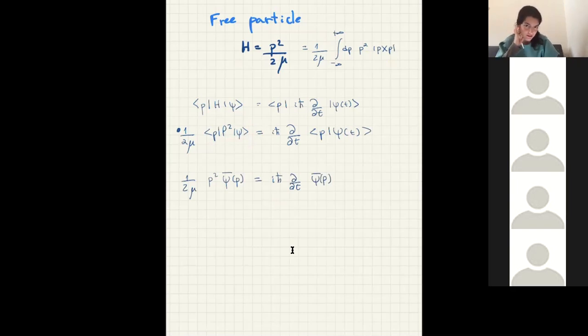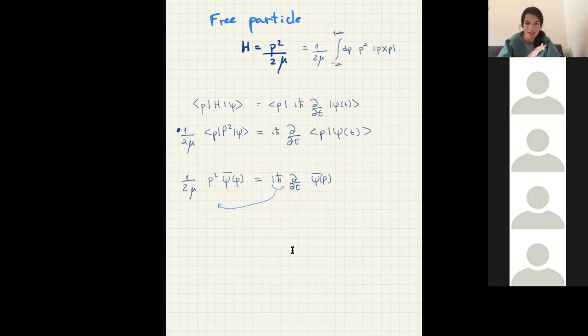So we can now move this constant to the other side, and this looks now like a very easy differential equation. We only have the wave function itself on the left and the time derivative of itself on the right.